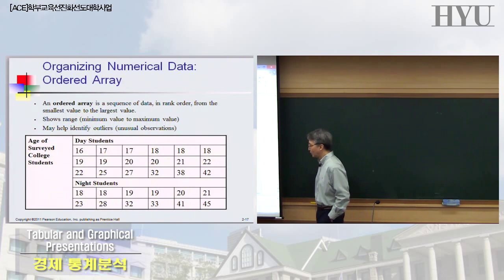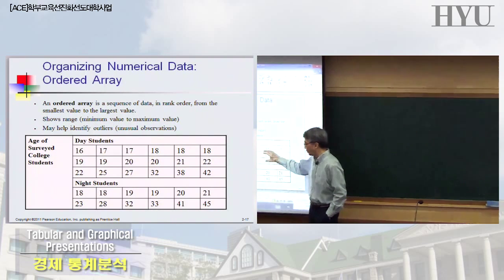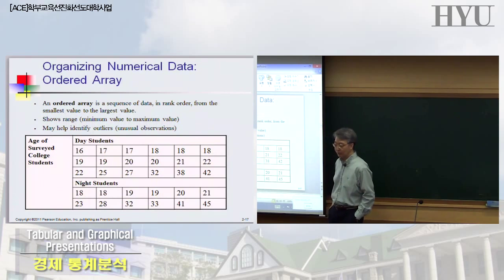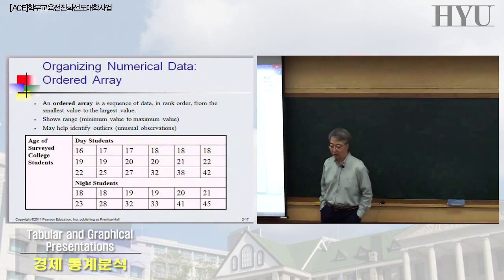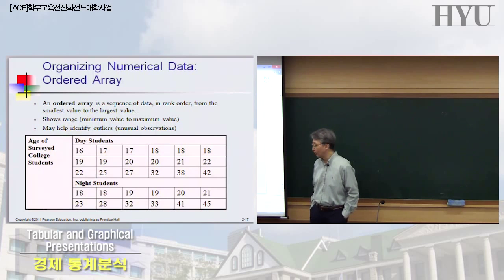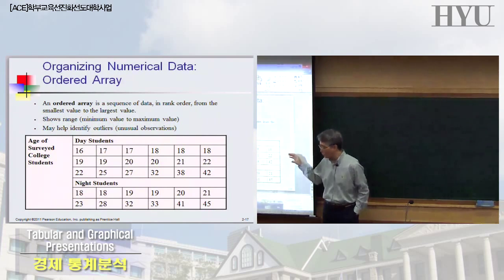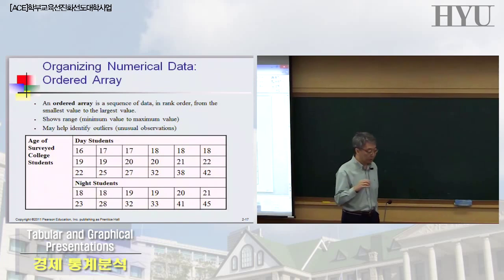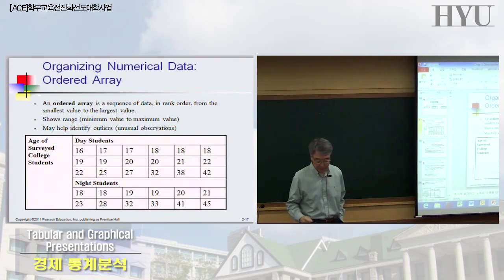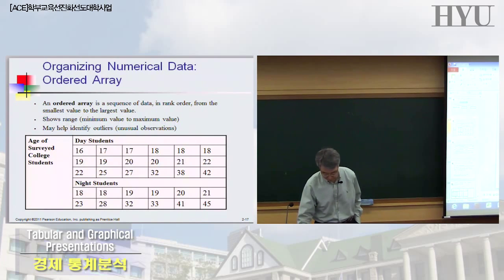So you can see that compared to the usual ages, I mean, most of the other students, one particular student has a very high age. That's the concept of an outlier. So once you rearrange the numbers in an ordered array, you can easily look at whether there are any outliers.